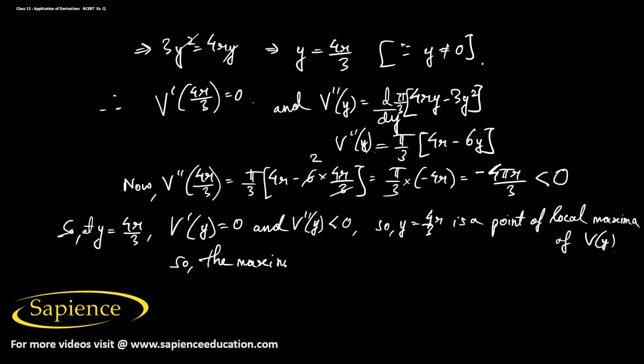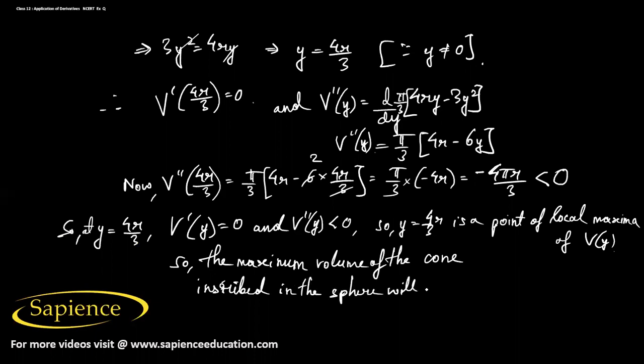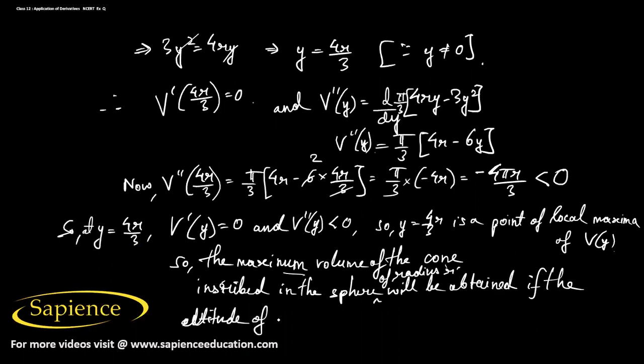So the maximum volume of the cone inscribed in the sphere of radius r will be obtained if the altitude of the cone is 4r by 3.